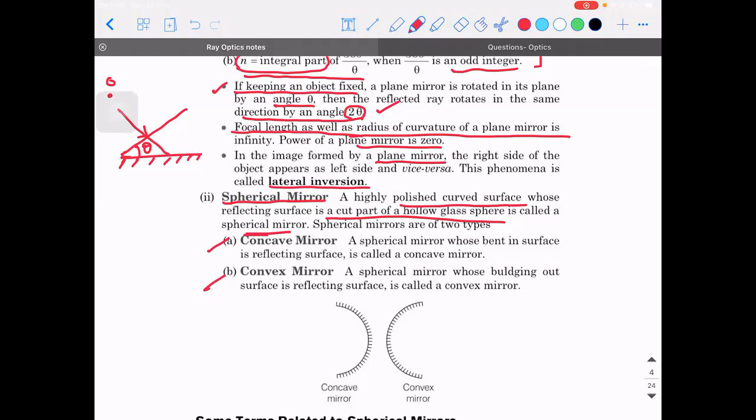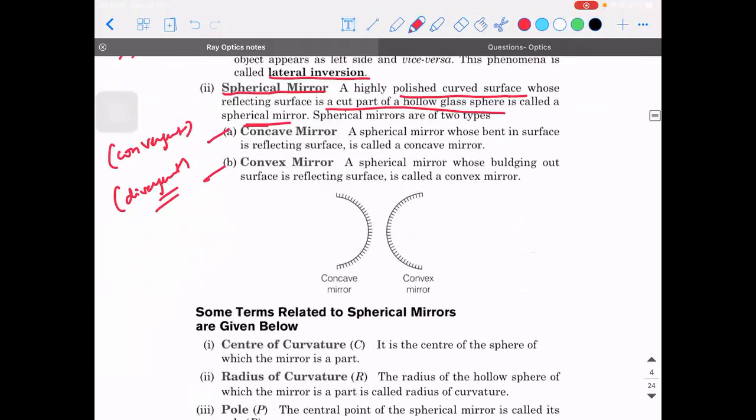Which mirror has the property to diverge the incident rays? Convex. Concave is also called convergent and convex is called divergent.